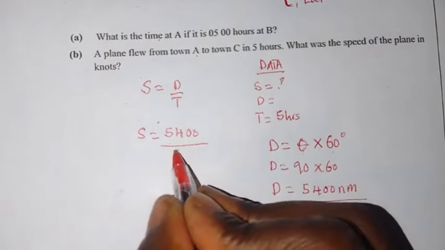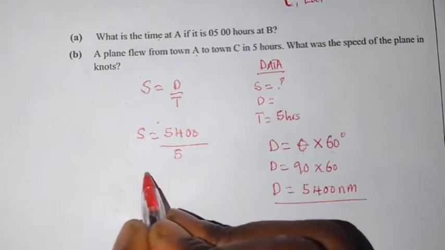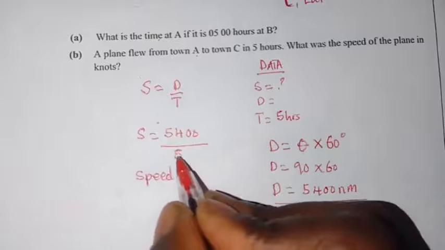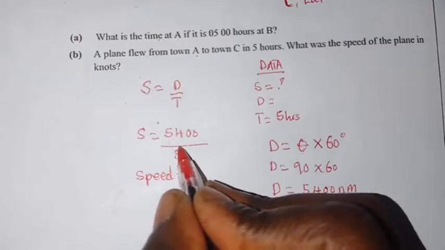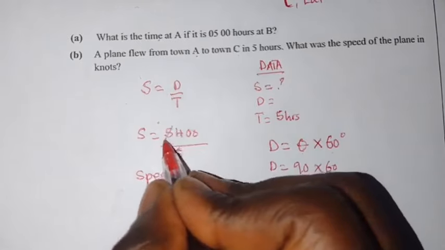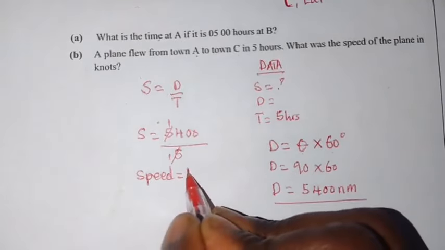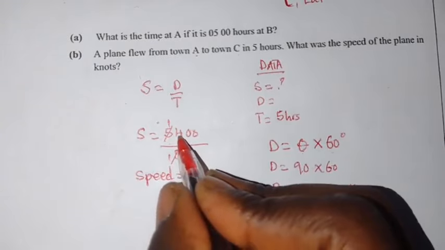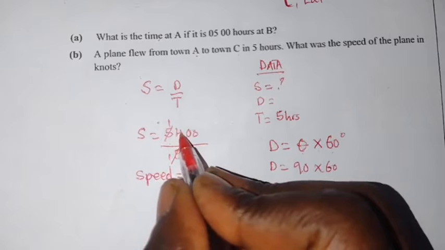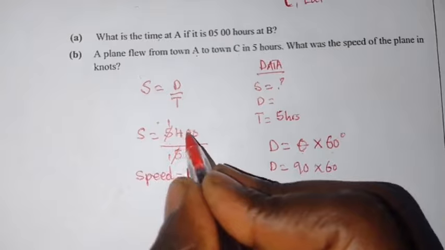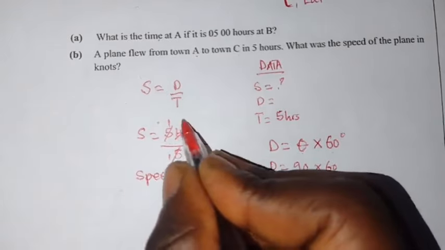So our time is 5. So we are going to say speed is equal to 5,400 over 5. 5 into this 5, it's a 1. So write a 1. Then here we say 5 into a 4, it's 0. It can't go there. So I'll combine 4 and the 0. 5 into 40, it's 8.